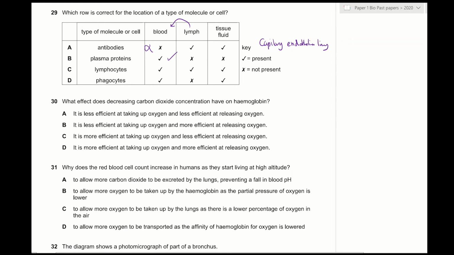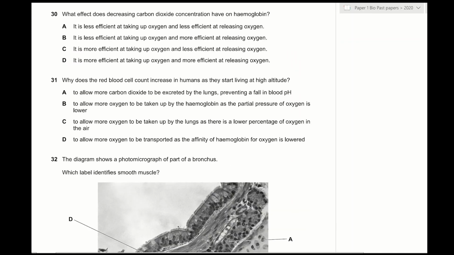So here we cannot assume that they are totally not present, so this is incorrect. C. Lymphocytes. Lymphocytes are present in the blood, this is correct, and present in tissue at the same time, so this is also correct.